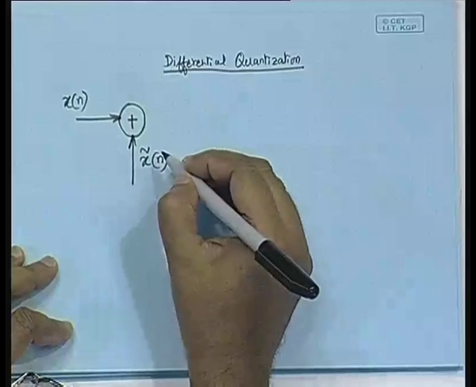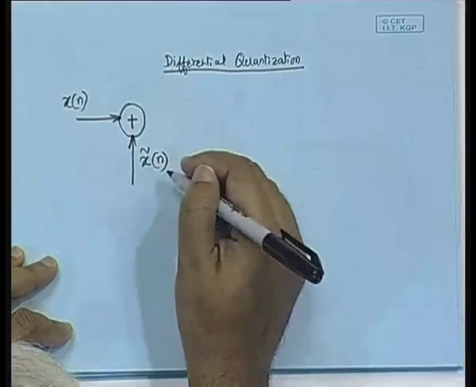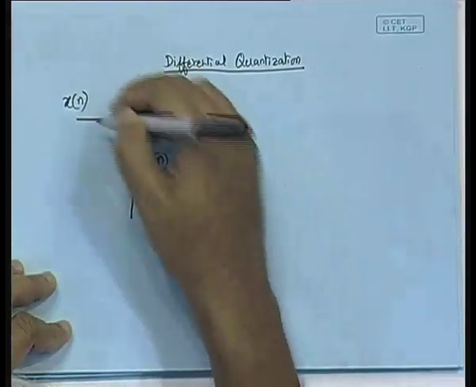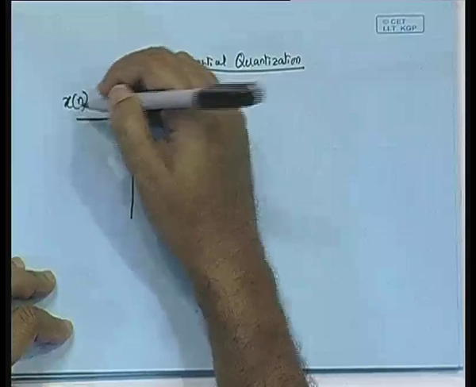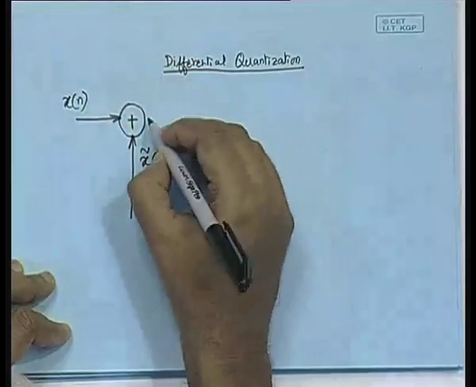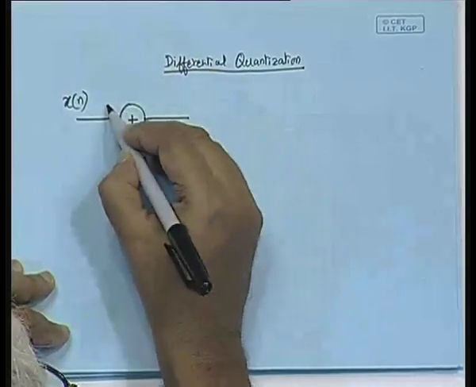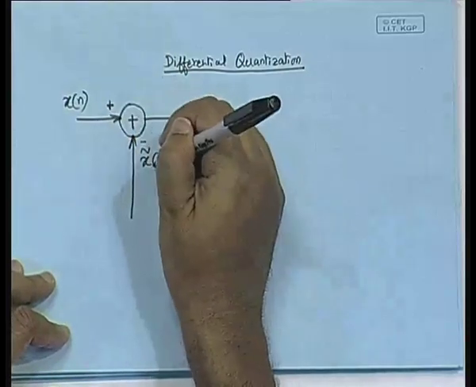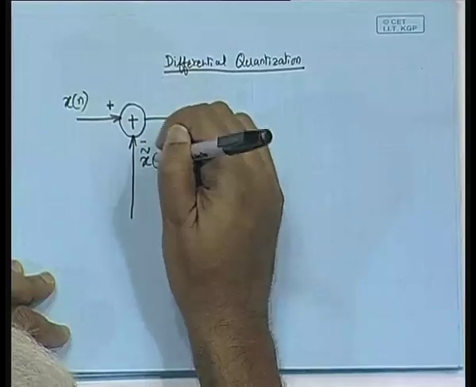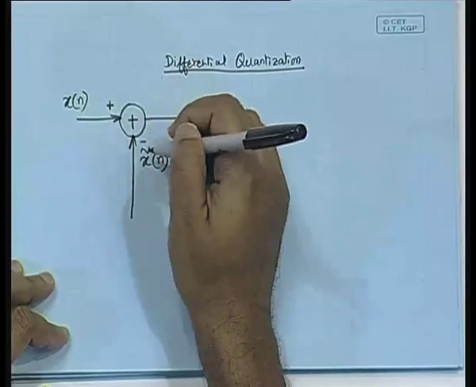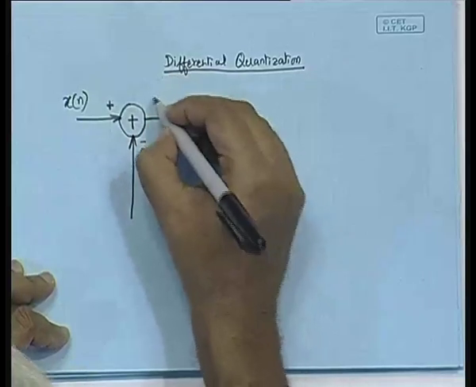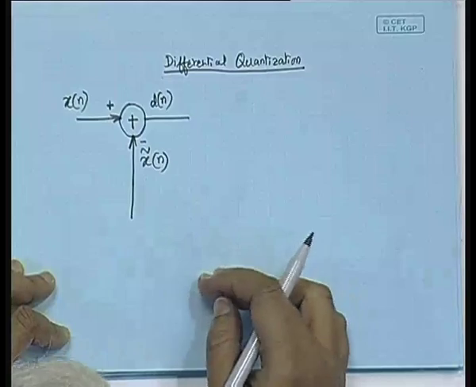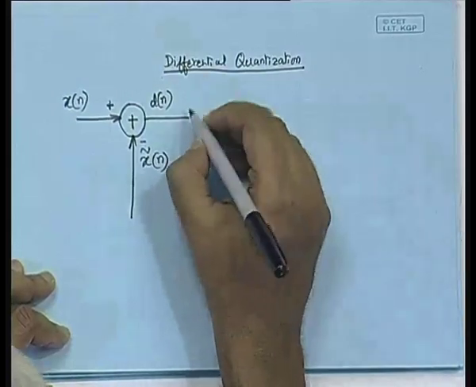This is x tilde n, that is what we write, and x tilde n is going to be a predicted version of x of n, the incoming signal. In this summer block, x tilde n is subtracted from x of n, so that we get the difference, d of n. So d of n is nothing but x of n minus x tilde of n.